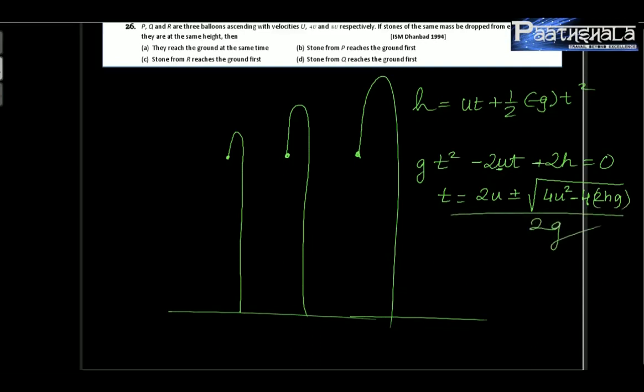Alright, this is the case. Negative answer we will discard because that will give us a negative solution, right? Correct? So you can see over here that the time is proportional to u. This u will come outside and this time is going to be proportional to u. So whichever has higher velocity will reach quickly. So that is, this one will reach quickly.